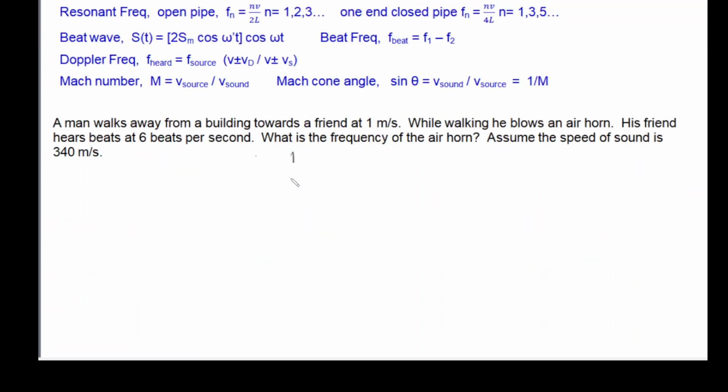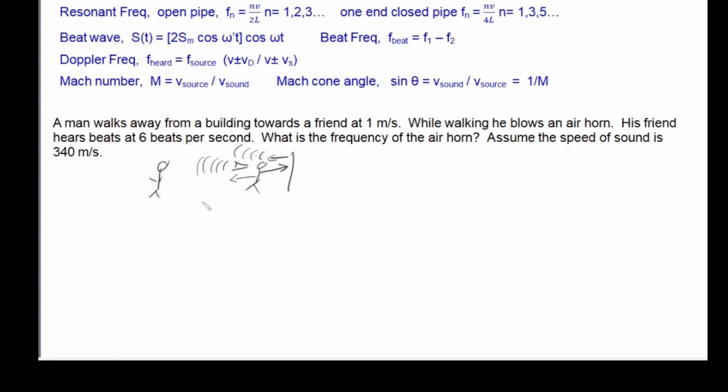you have a building, a man walking away from the building, and a friend. So he has this horn that he's blowing, and he has the direct sound coming to the friend from the horn, plus he has the sound bouncing off the building, an echo or reverberation. So there's actually two sound waves coming towards him.